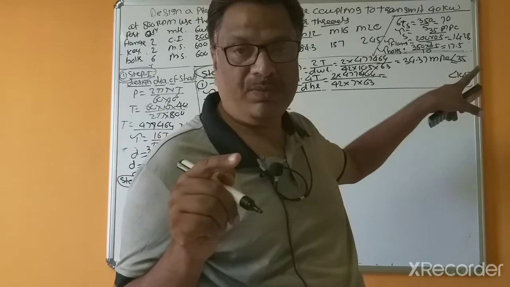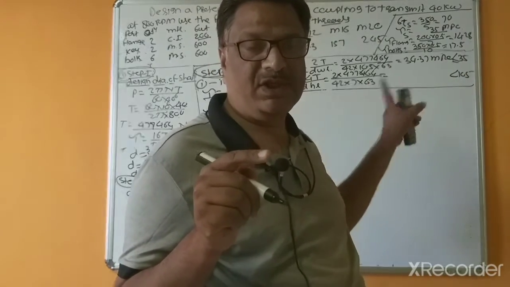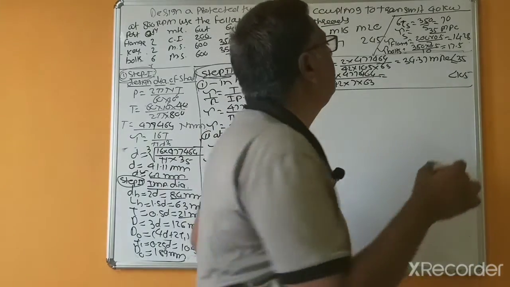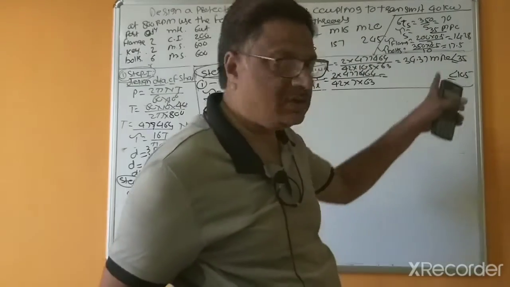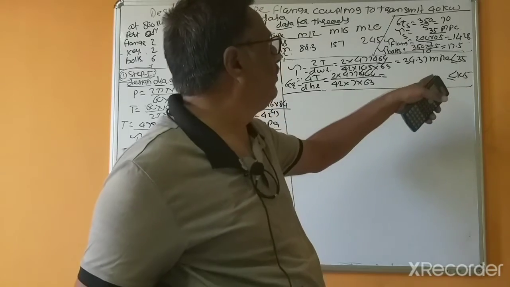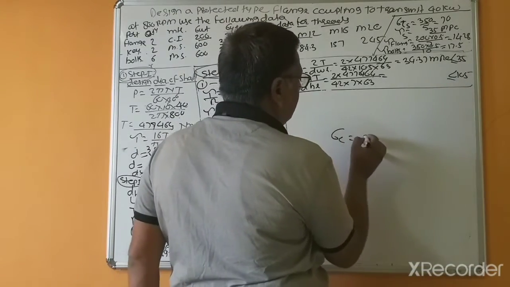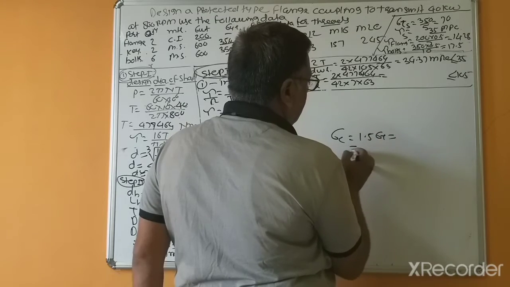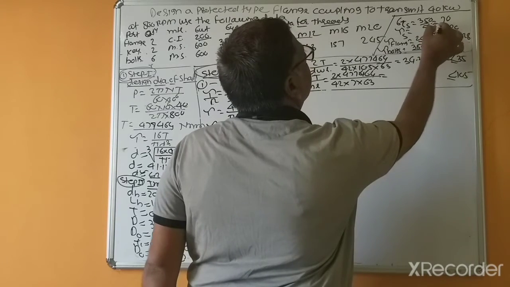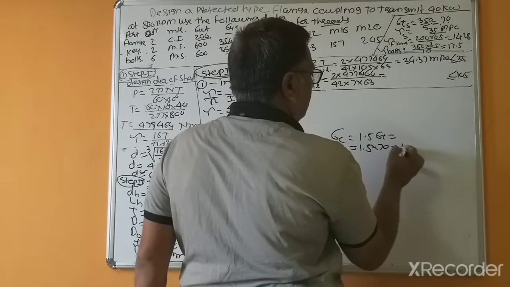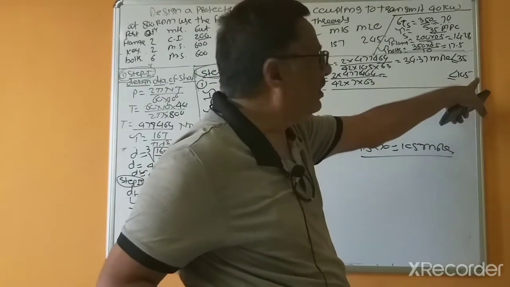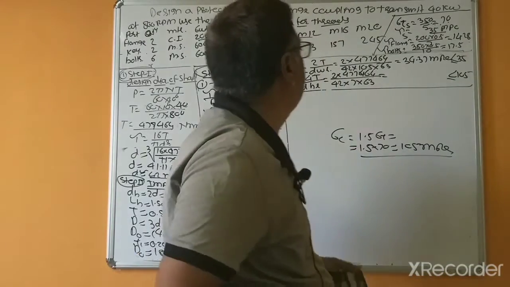Otherwise, if you are assuming sigma c equal to sigma t, design is not safe. So try to understand this. This is important. 105, because we consider sigma c equal to 1.5 times sigma t, and this is 1.5 times 35, means this is 70 equal to 105 megapascals. That's why I have written here 105.